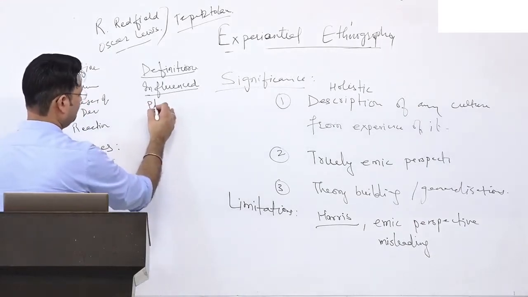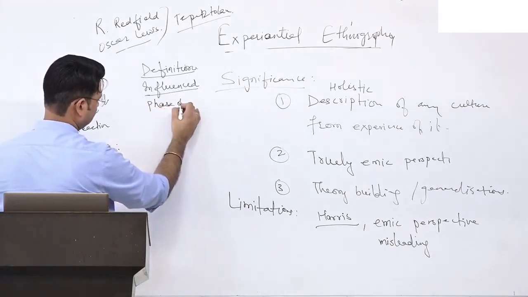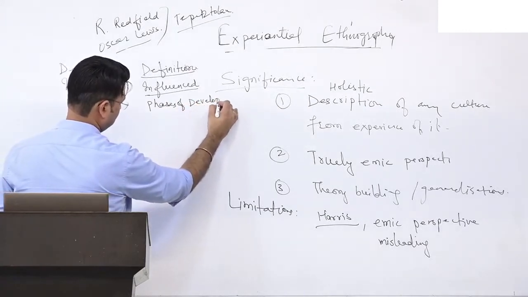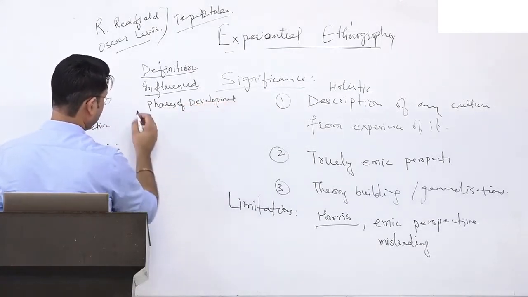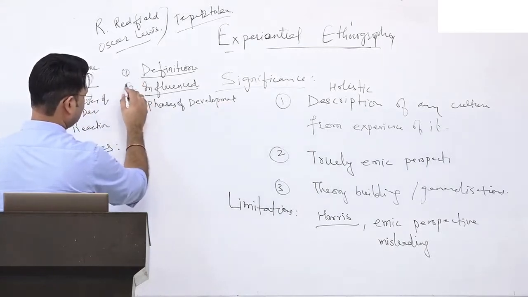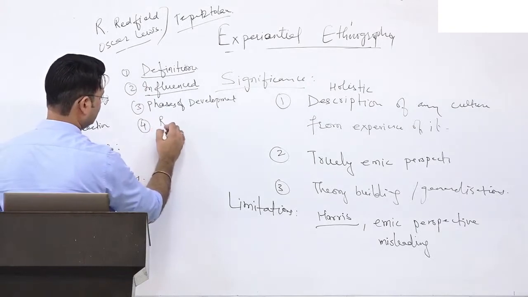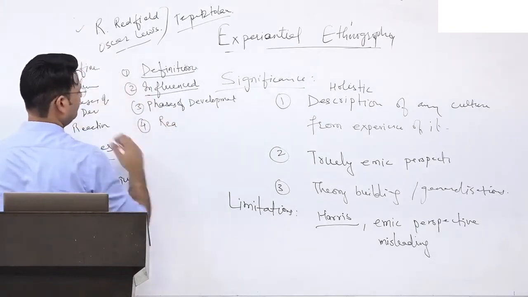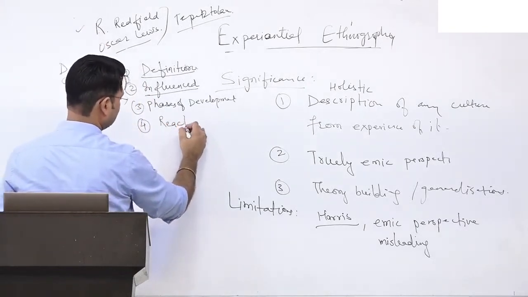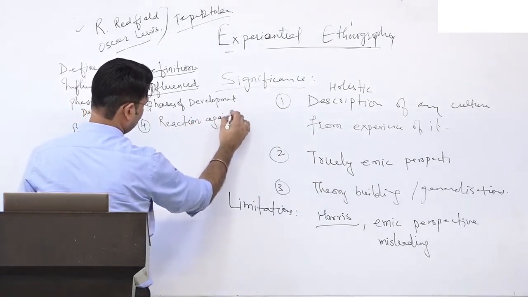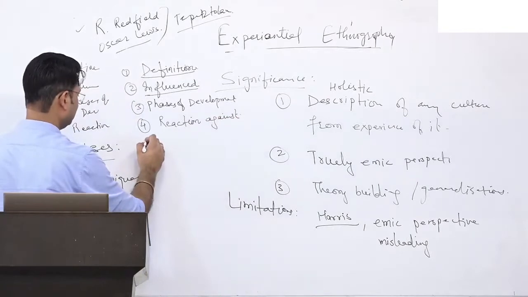Then phases of development. Right? So, point 1, 2, 3, 4: it is the reaction against ethnography. You can use Robert Redfield and Oscar Lewis. So it was a reaction against that, and it emerged in reaction to that.